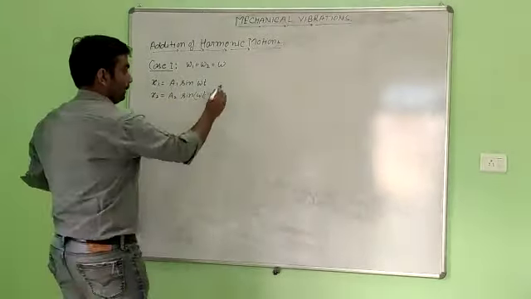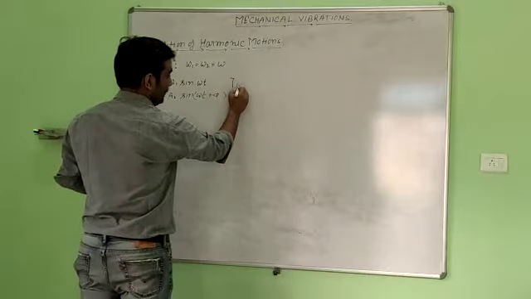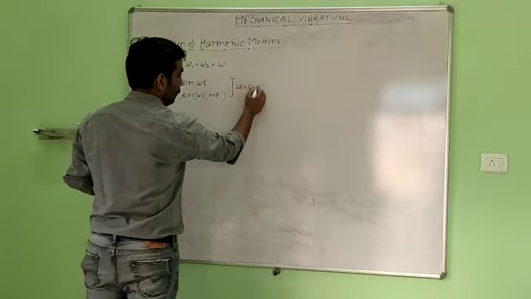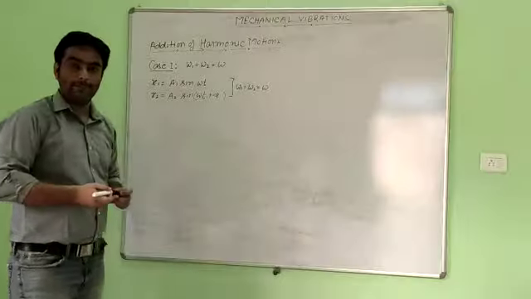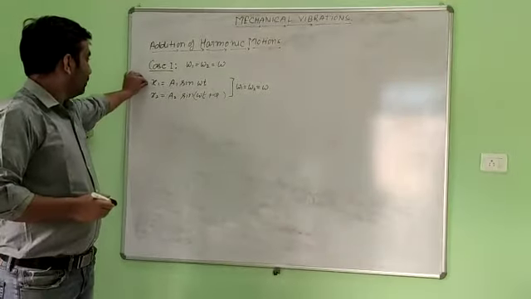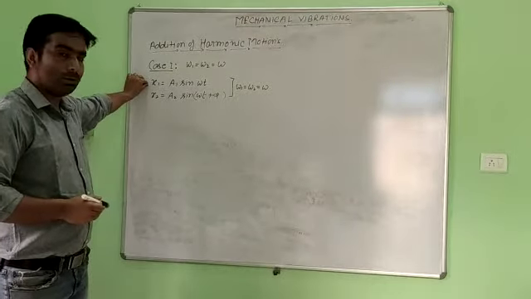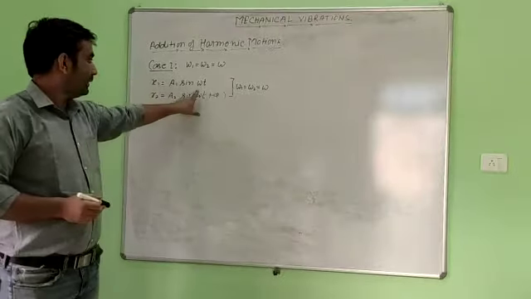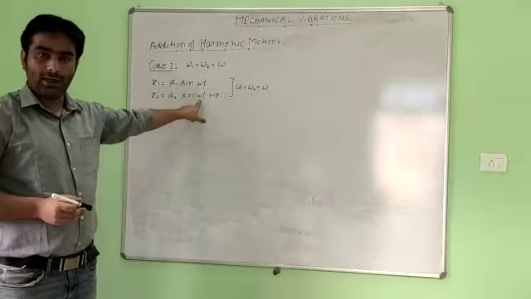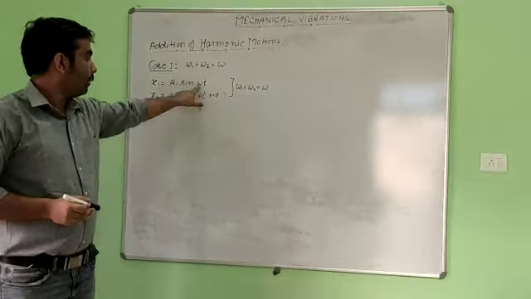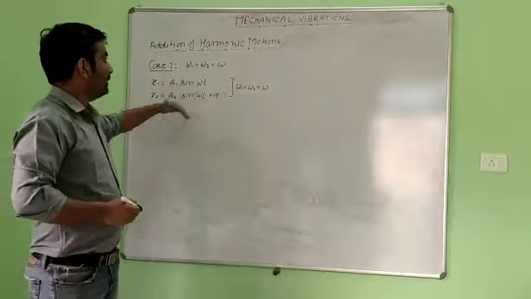So we have taken the first case when omega 1 equal to omega 2 equal to omega. When both the harmonic motions are having the same frequency, then what will be the resultant?